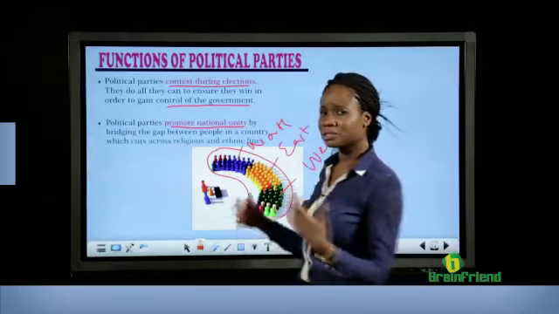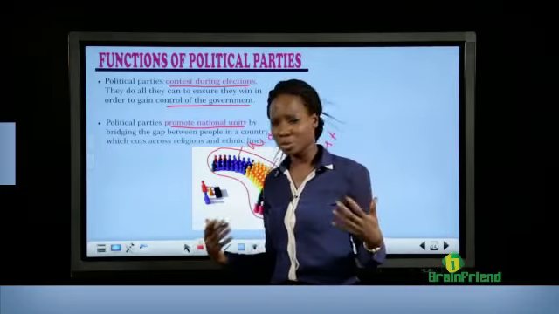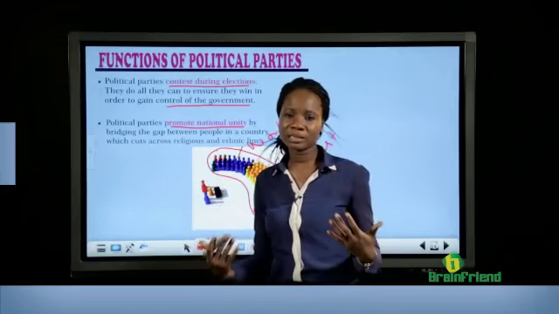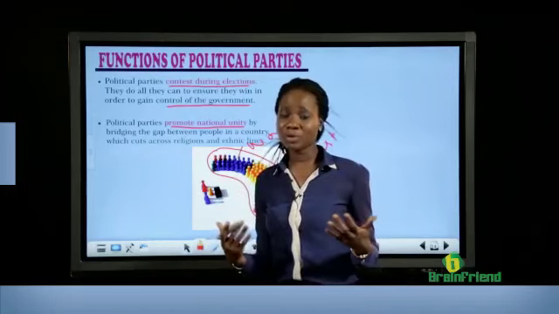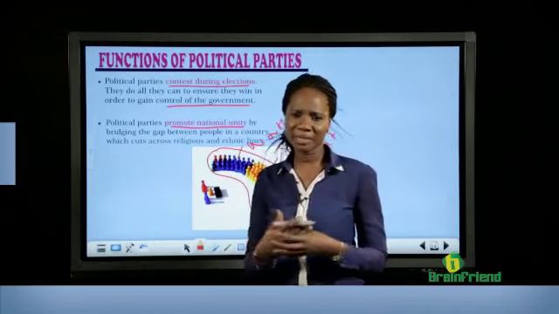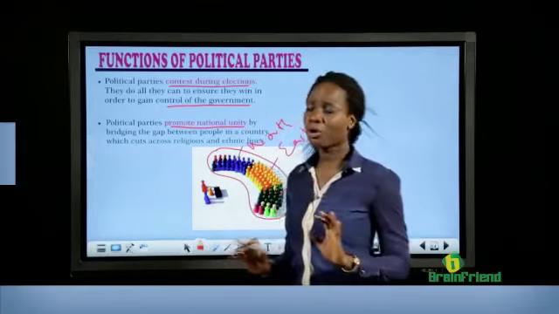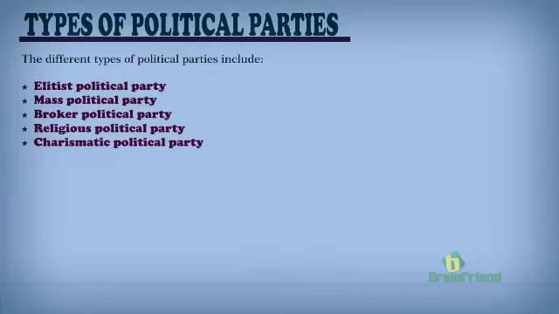And also, persons from different tribes or religion, irrespective of that, the political party that sees the person as a qualified candidate goes on to nominate that person for an office, despite your religion or your ethnic group. Now let's quickly look at the types of political parties.